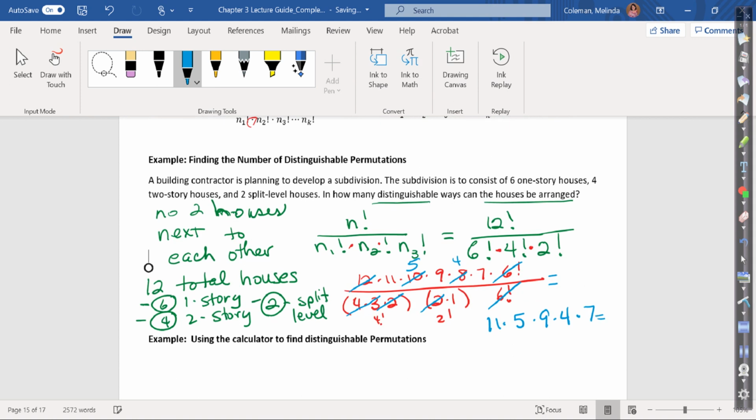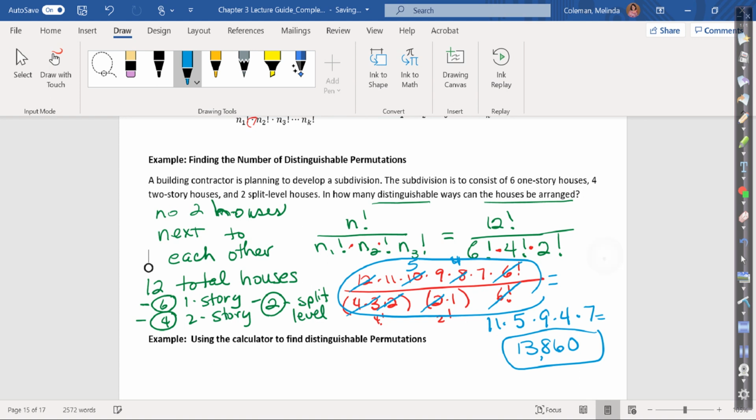Using my calculator, I end up getting 13,860 different ways. Would you ever do it by hand? Probably not. You also don't have to do it by canceling these things out. You can do it by simply using your calculator and multiplying out the numbers, 12 times 11 times 10, and then on the bottom for your denominator the same way.